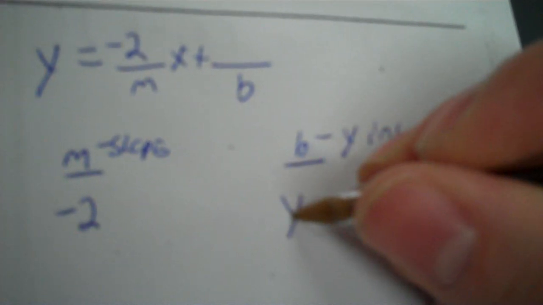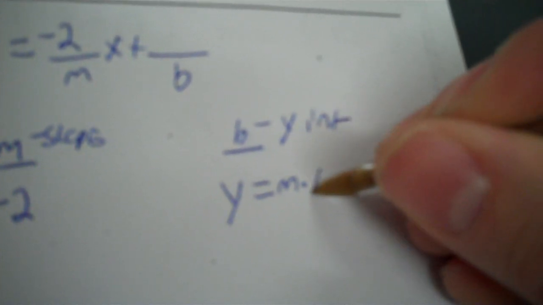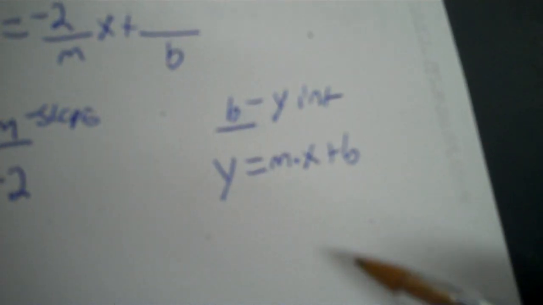Now, the slope is given to me. That's your m, so that's going to be -2. Now, what we need to really find, actually do some work with, is to find the y-intercept. Now, what you do is you write out, it's on the board. If you don't know b, you're going to write the equation y equals m times x plus b.